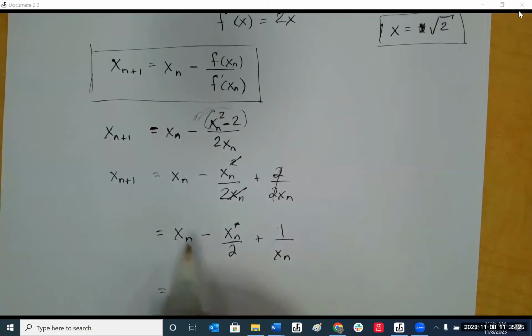This is 2 over 2, so it's 2xn minus 1xn, which is xn over 2 positive.